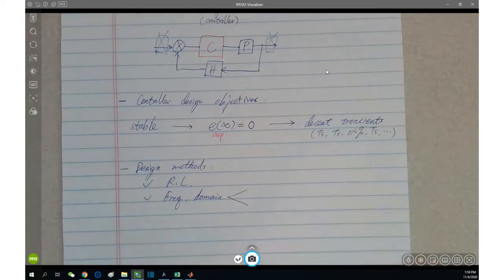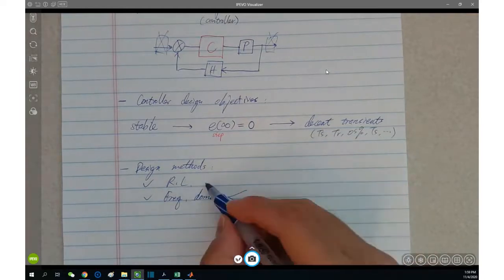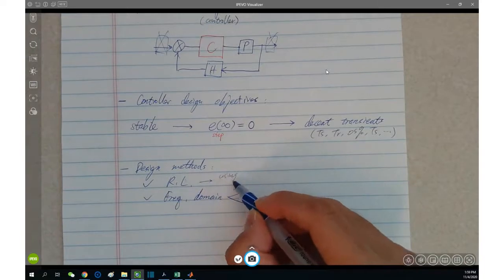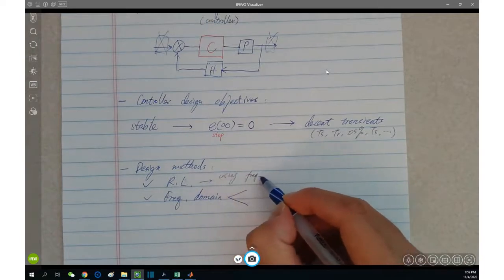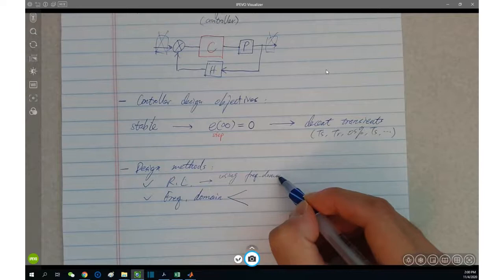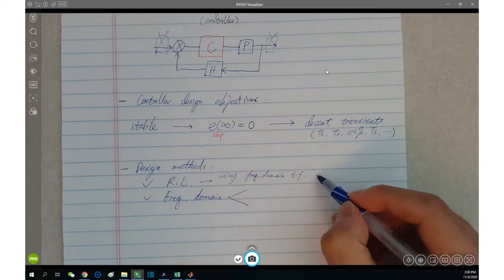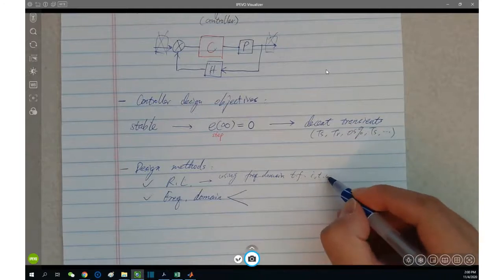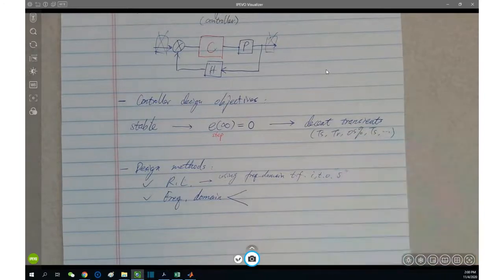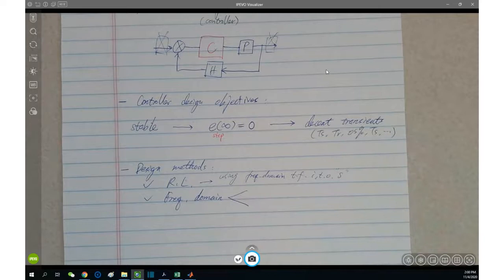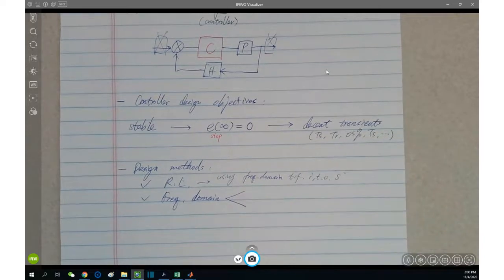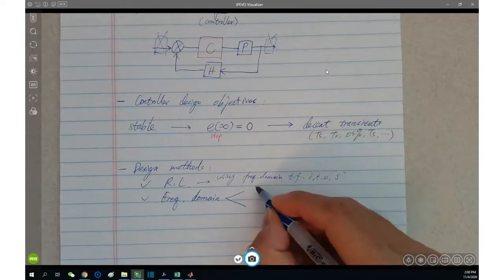Of course, in the Root Locus here, we are also using the frequency domain transfer function in terms of S, right? But that's not the frequency domain design method we refer to.